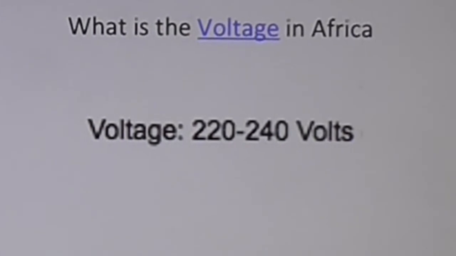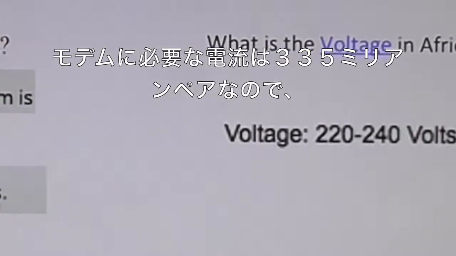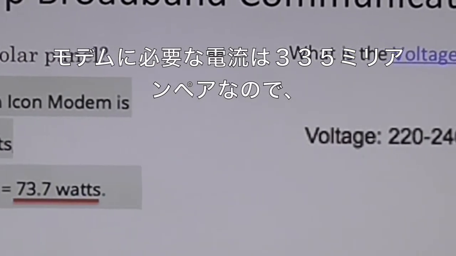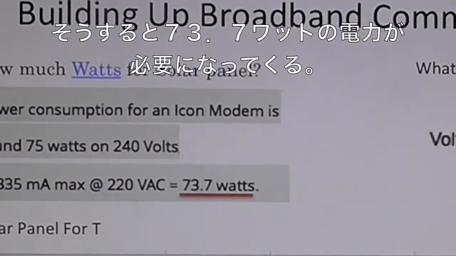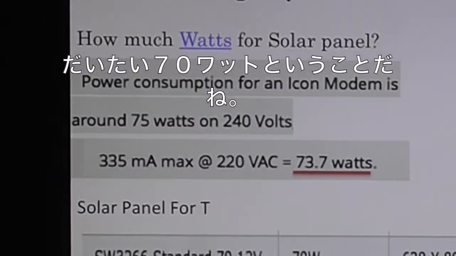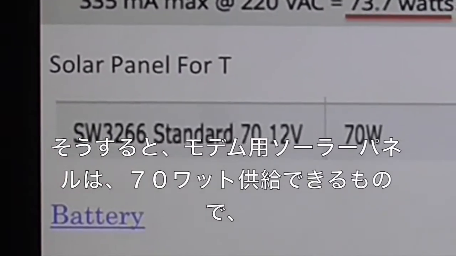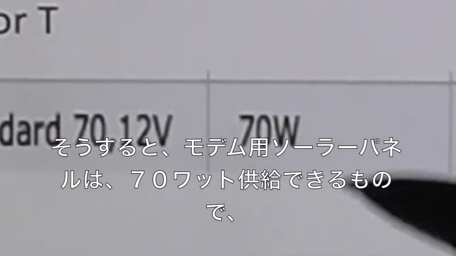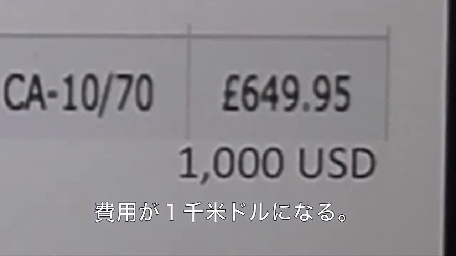Because the modem is 335 milliamperes, it would require 73.7 watts, so around 70 watts. So for the solar panel for the modem, I chose one that is 70 watts, and it costs $1,000.